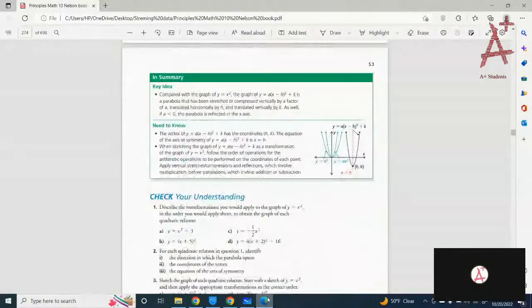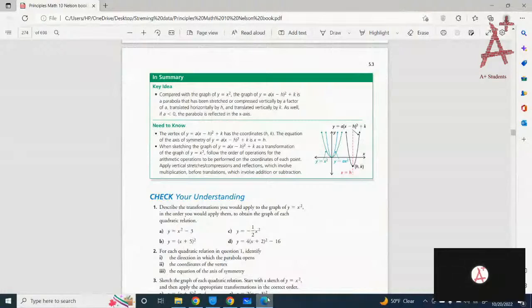Compared with the graph y equals x square, the graph of y equals a(x minus h) whole square plus k is a parabola that has been stretched or compressed vertically by a factor of a, and translated horizontally by h.